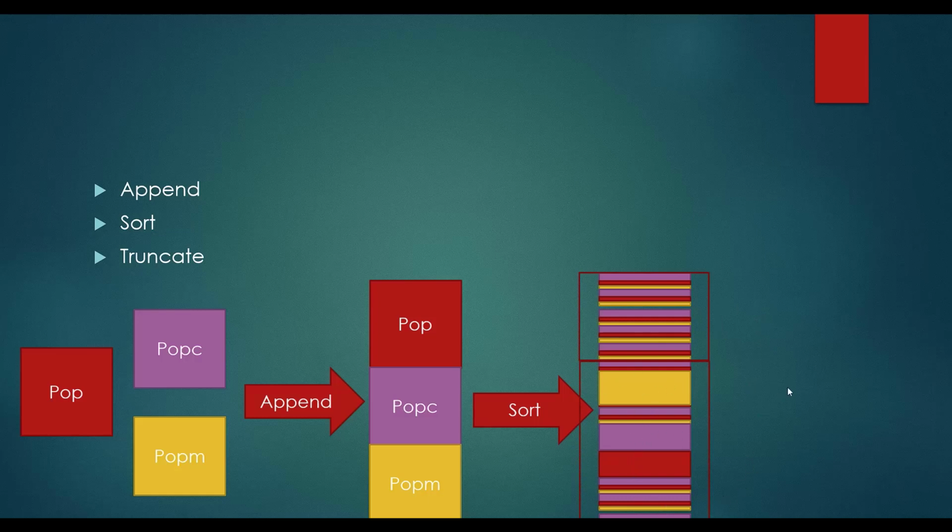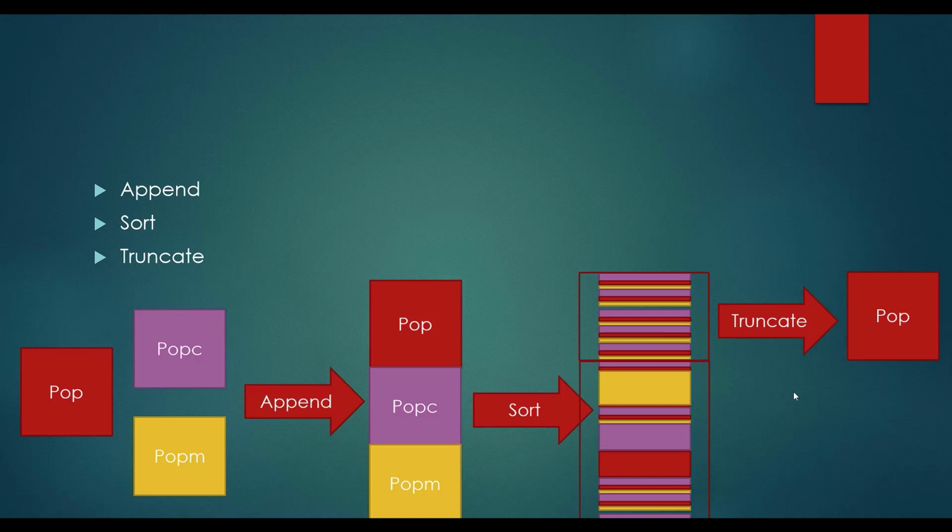So at the end of this procedure we use truncation. It means that we just select this pop for the next generation. This procedure is quite important, and we have to do this procedure at the end of any iteration.